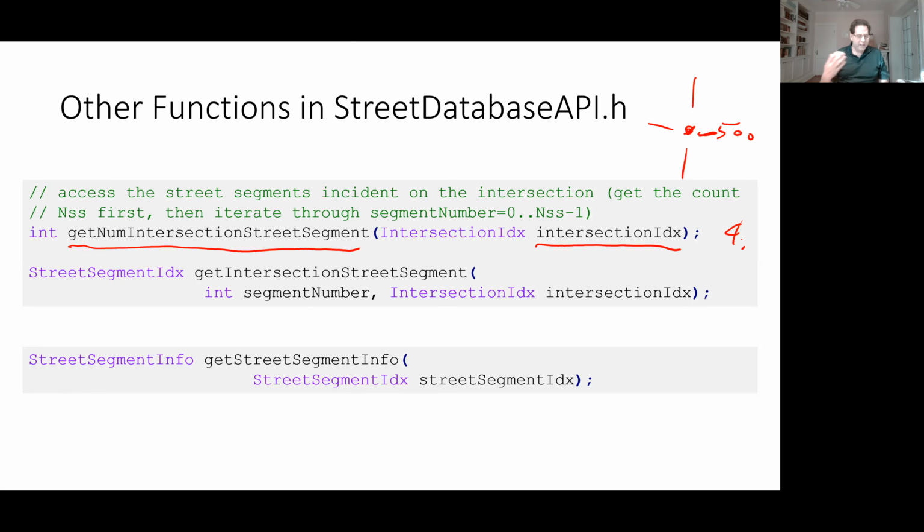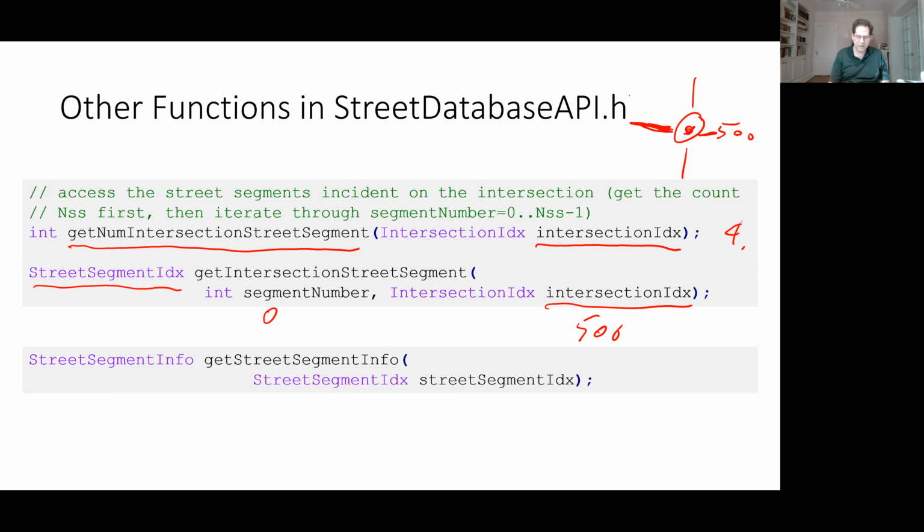Now, I also want to get the IDs of those street segments. I want to know which ones. And that's where I can use this second function. This second function, we pass in the intersection index. So again, maybe that's 500 again. So same intersection ID. And we can now ask, tell me the street segment index of the first thing that touches this. So we can say segment number 0. So maybe that returns this one.